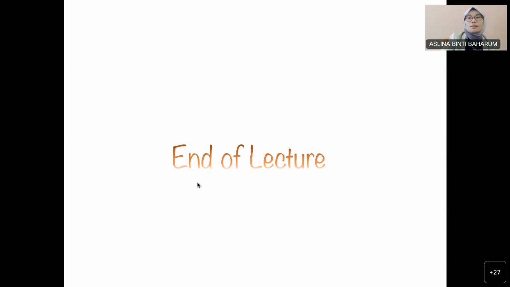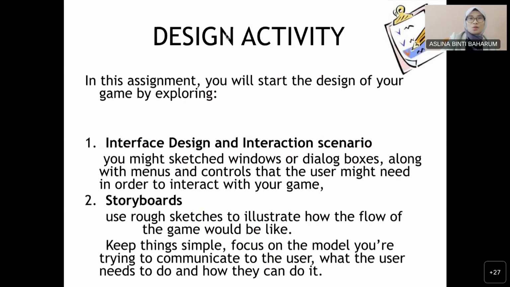Okay, that's all. So for the design activity in this assignment, you will start the design of your game by exploring. This one you don't have to do yet because it is after you get approval of your project proposal. Either you want to do a game, but remember the theme is educational, for children, kids, young adults, adults, or the elderly, up to you.